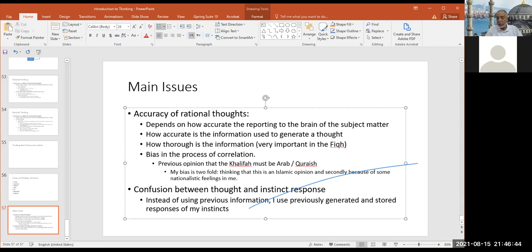All the examples they use and the justification is based on the previously stored responses of the animal to the instinct or to the needs, and the ability of that animal to retrieve and recollect those responses, even though they could be from many years ago. Sometimes not necessarily years, but days.